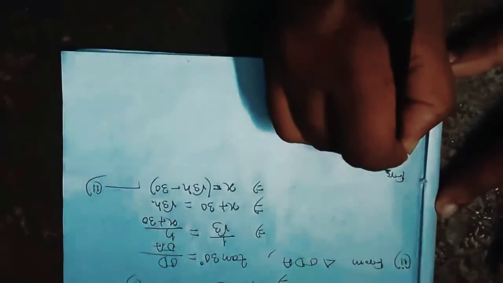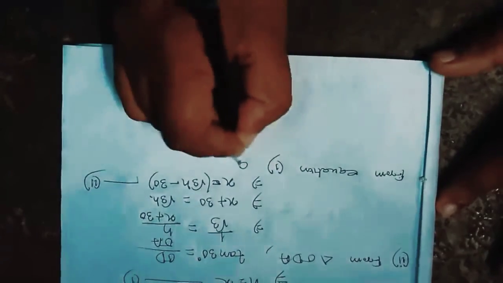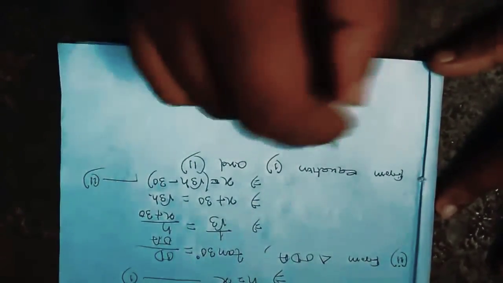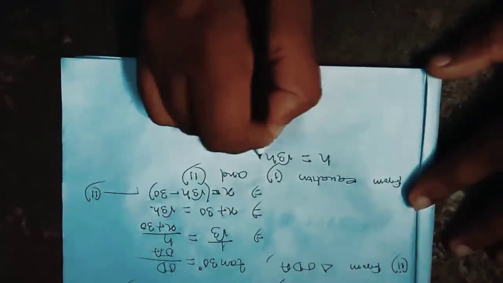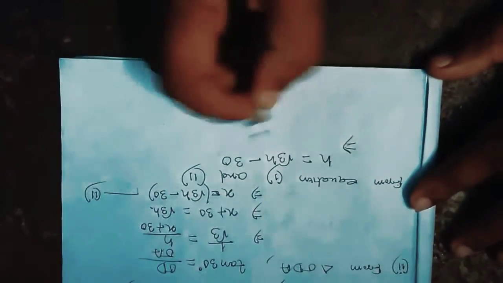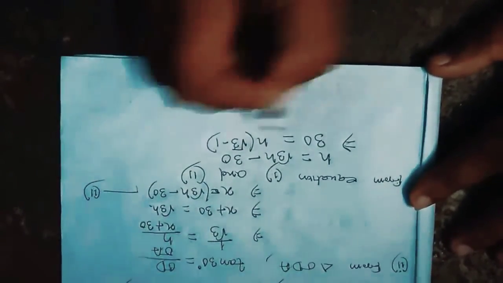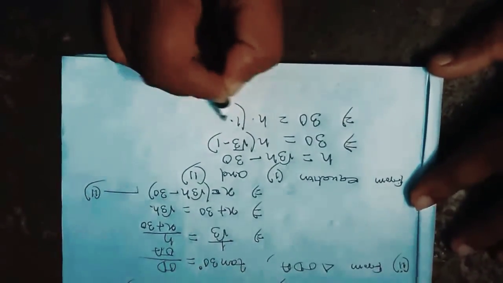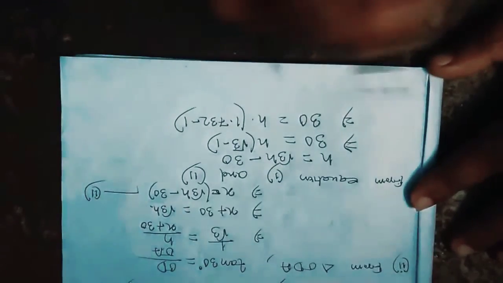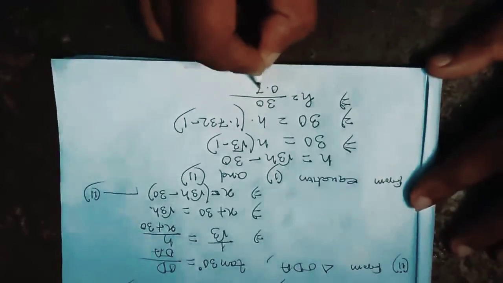From equations 1 and 2, we get h is equal to root 3 h minus 30, that means 30 is equal to h into root 3 minus 1. So 30 is equal to h into 1.732 minus 1, that is h is equal to 30 by 0.732.